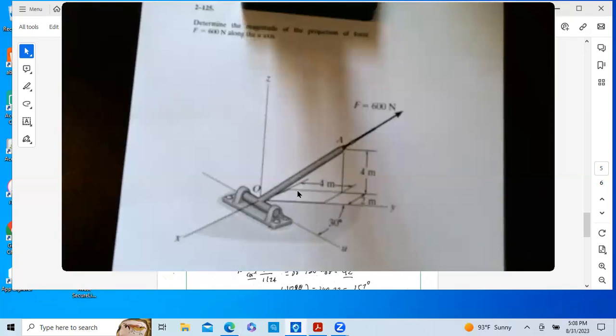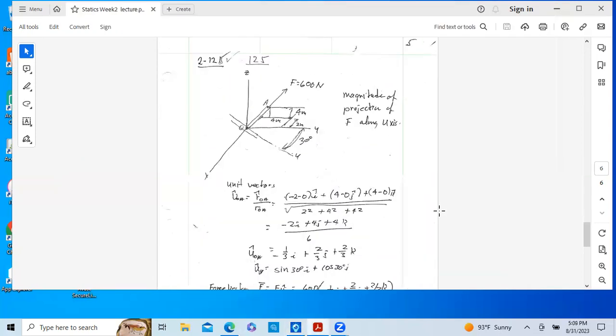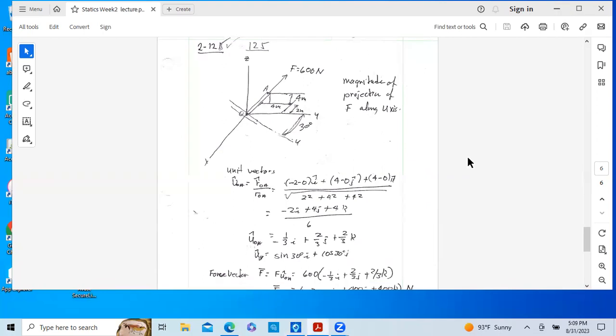And so, again, we have a force. What we want to do is get the unit vector. I'm going to sketch this out just a little bit.